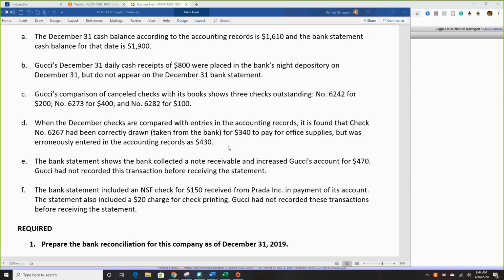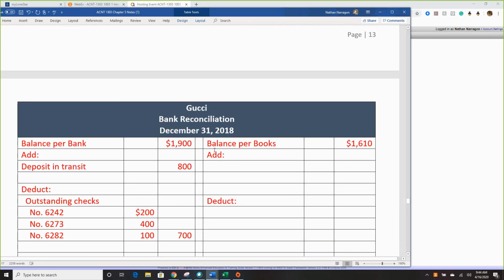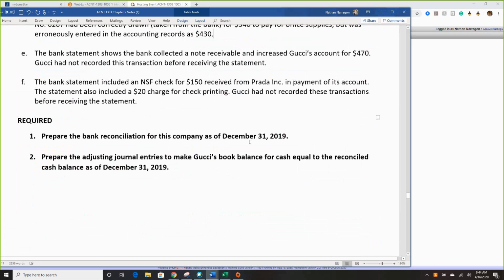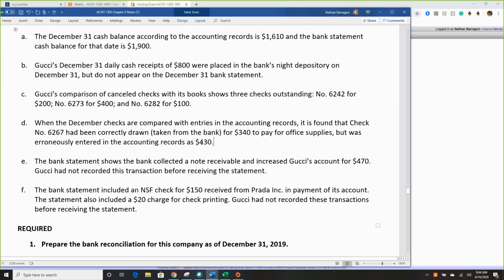The bank. Good. So this means I need to follow this $340. We know the book is the one in trouble, so we're either going to add or deduct the error from the book. Again, we need to find the difference, which, eyeballing, is about $90, or you can do the math. But we need to figure out whether we add or subtract from the books.